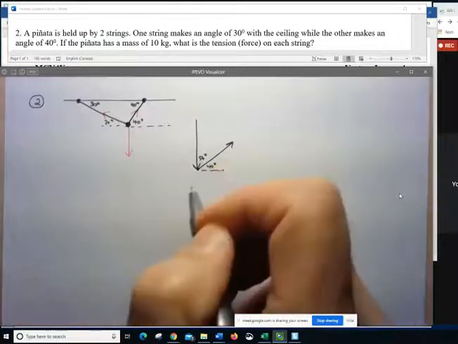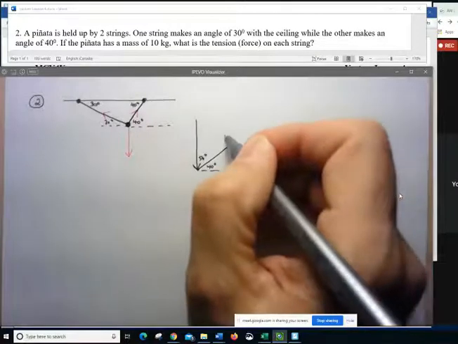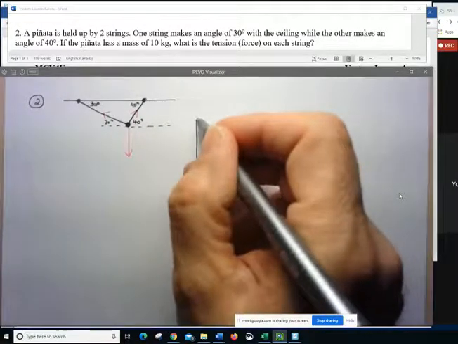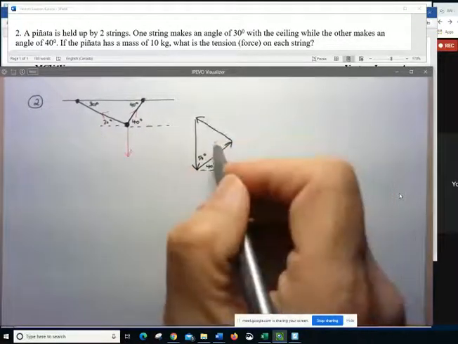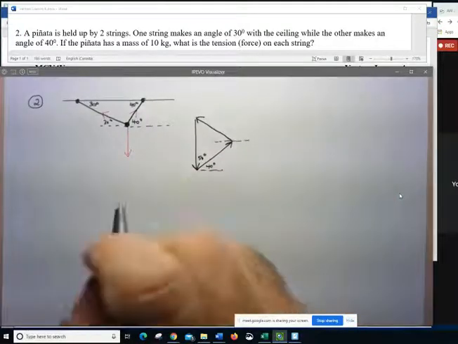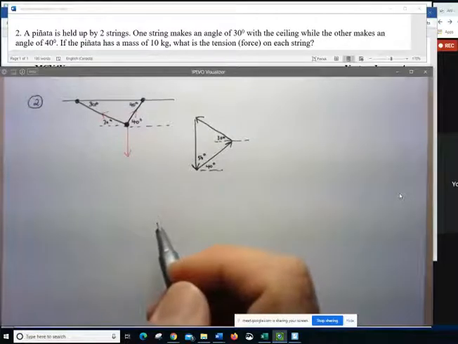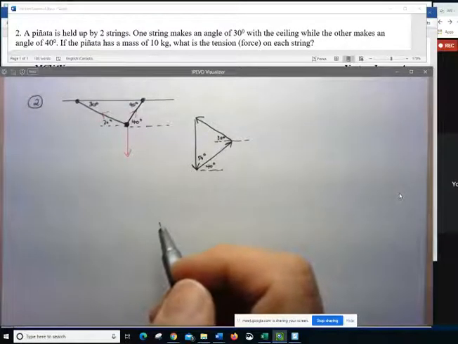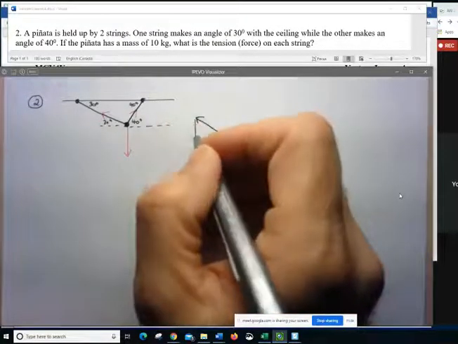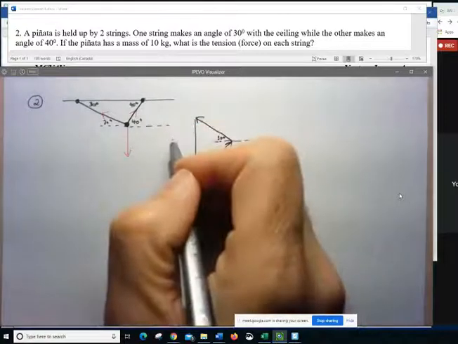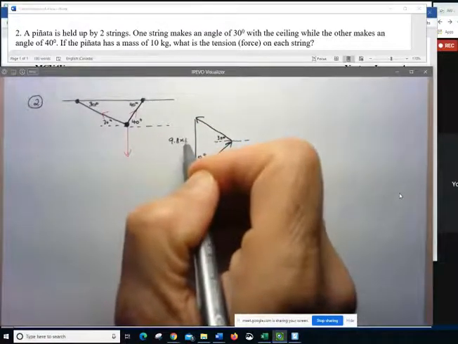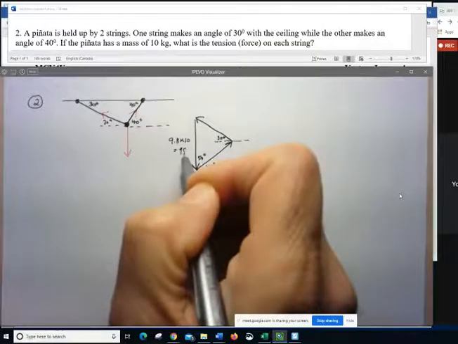Okay. I know that the third vector has to close off the triangle. So again, if I draw myself a little horizontal line here, I know that this has to be 30. And this now should give me some information, because I know the force due to gravity. It's just going to be 9.8 times the mass of 10, so 98.